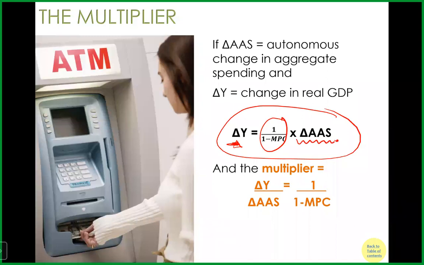This gives us the multiplier: if the spending initially increases by $1, what will be the net impact on total GDP?